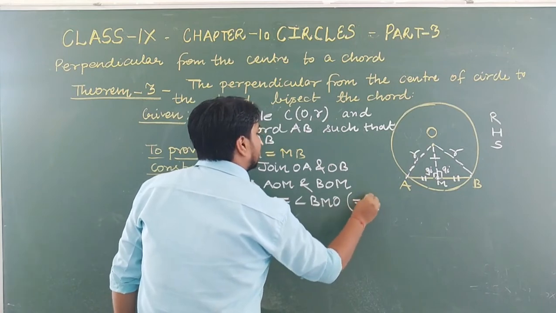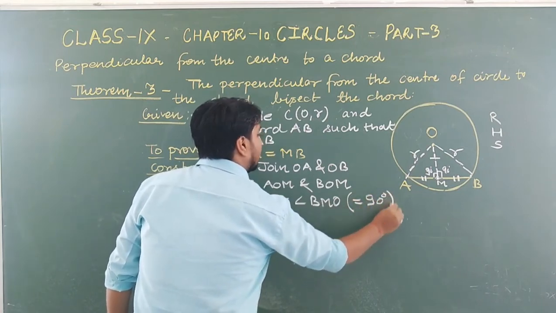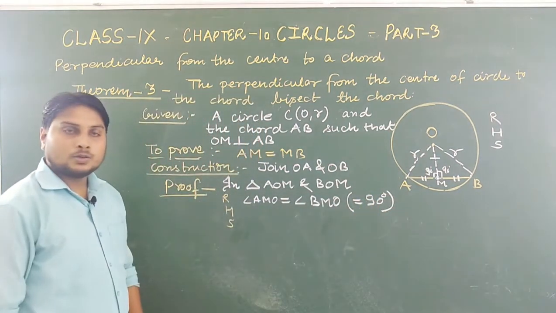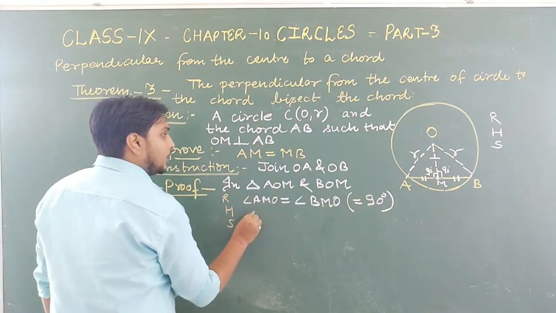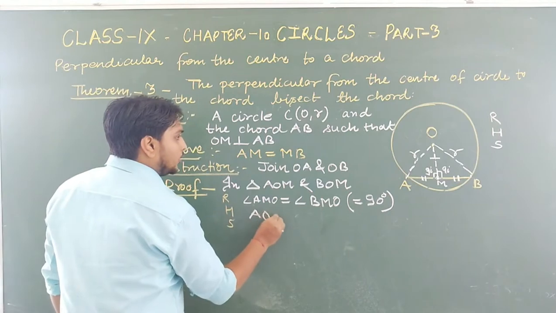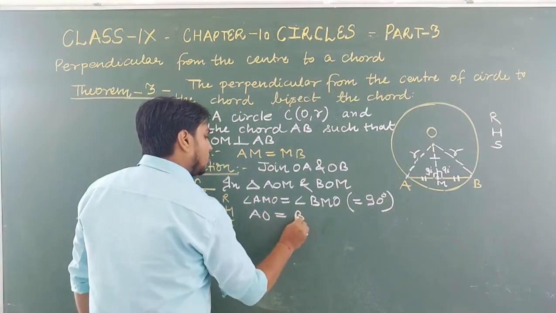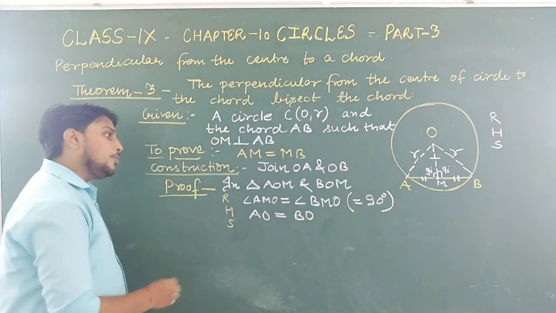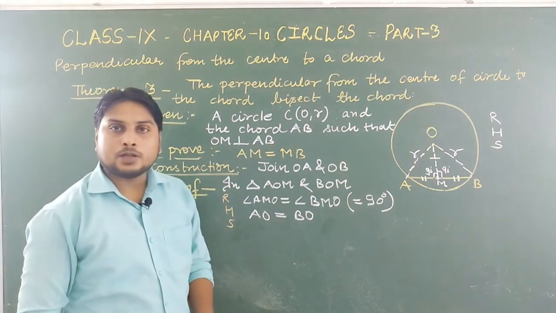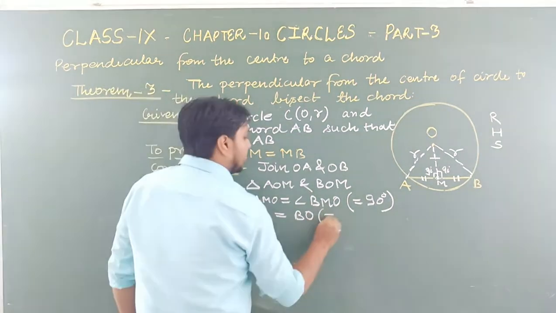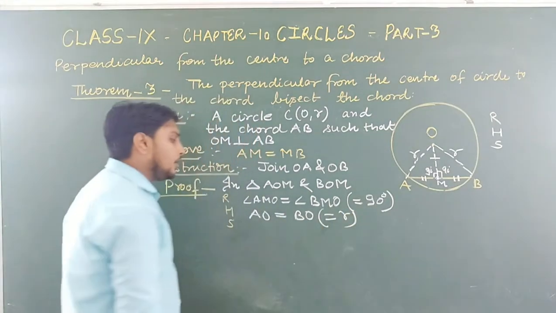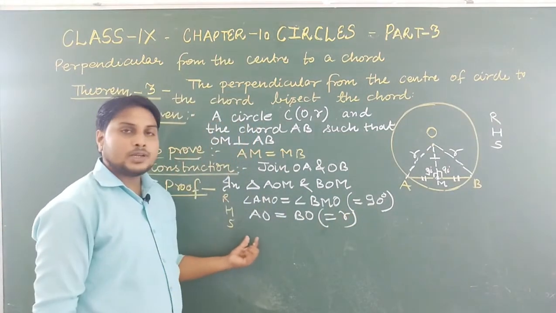Why? Because both are equal to 90 degree. The second one is hypotenuse. So hypotenuse you can see that AO is equal to BO. The side opposite to the right angle is hypotenuse, and they are radii also, so they are equal. And the third one is side.